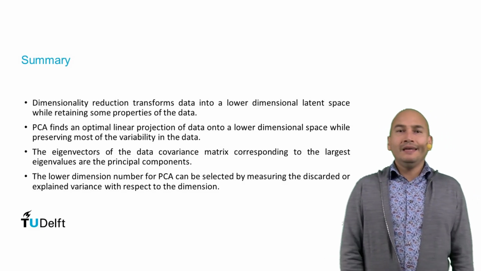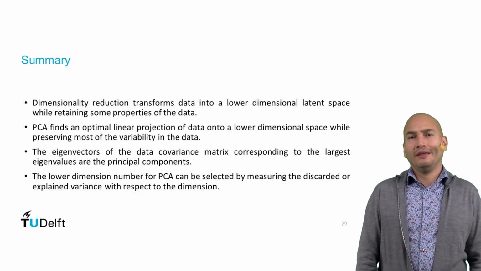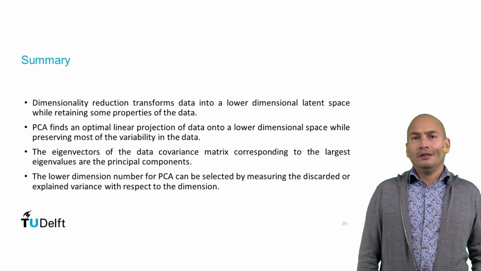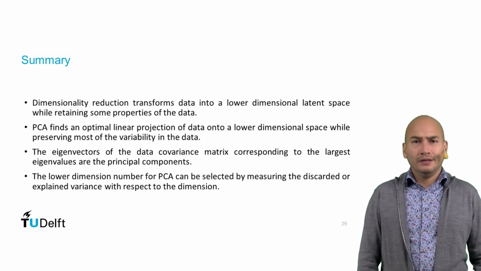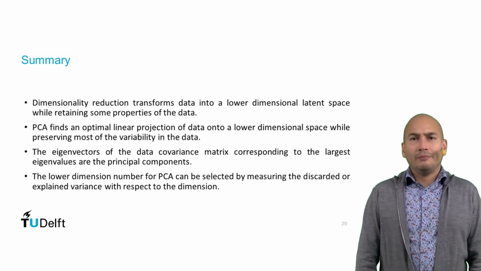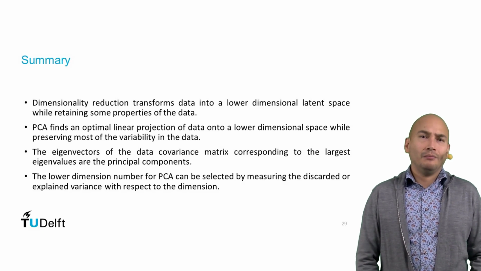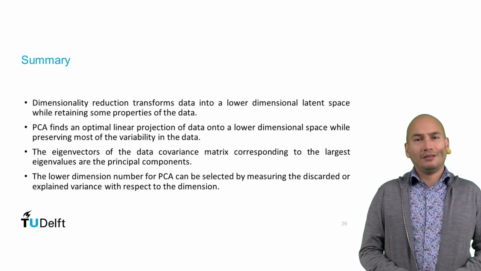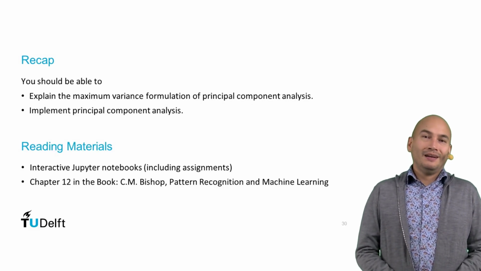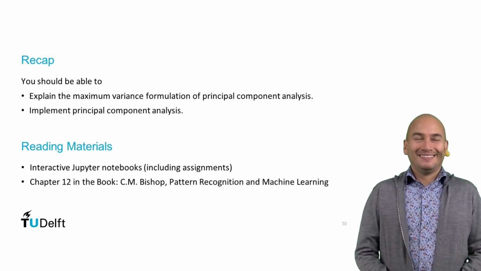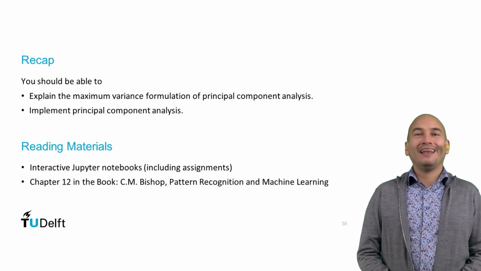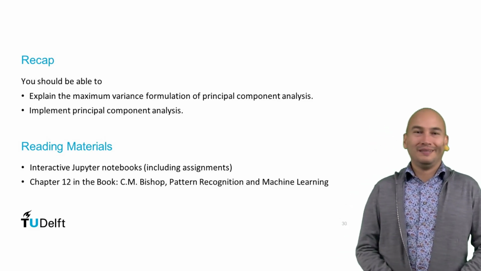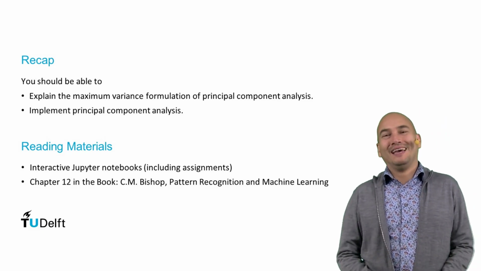In PCA, the eigenvectors of the data covariance matrix corresponding to the largest eigenvalues are the principal components. The lower dimension number for PCA can be selected by measuring the discarded or explained variance with respect to the dimension number. Now we are at the end of this lecture, and hopefully you can now explain the maximum variance formulation of PCA and implement PCA.